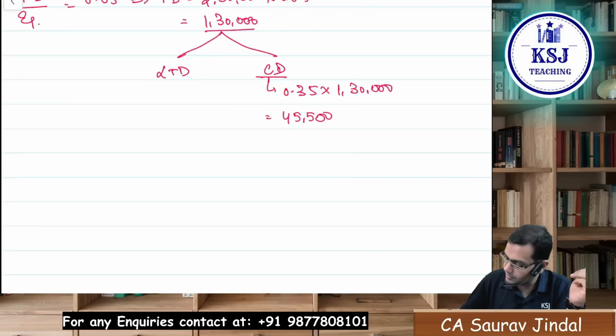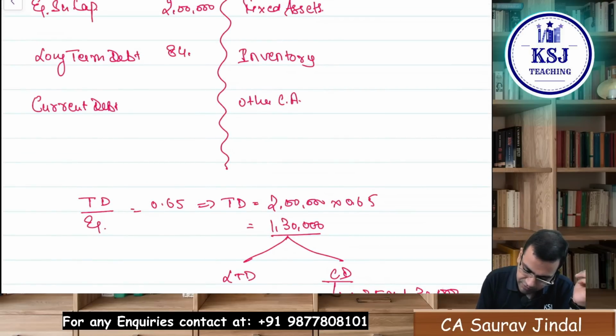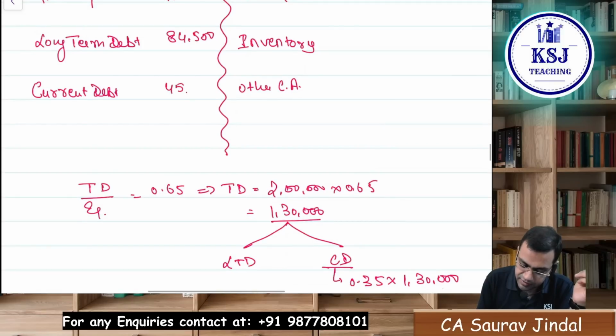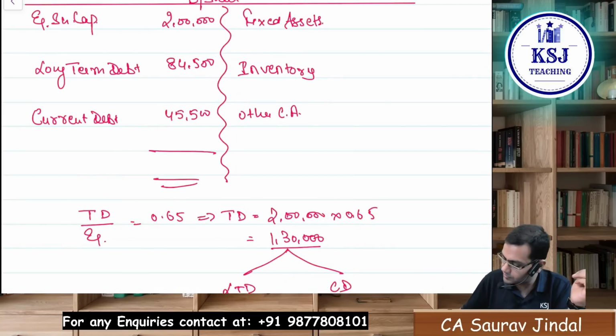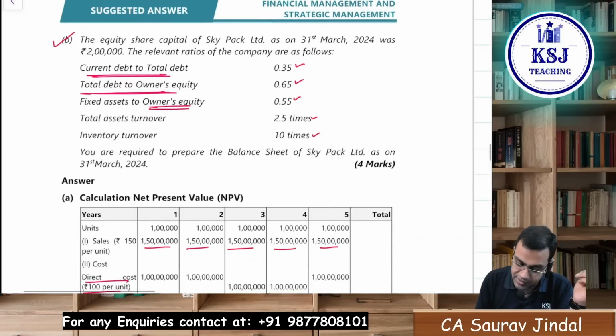So 1,30,000 minus 45,500, 84,500 will be long-term debt. So long-term debt is 84,500 and current debt is 45,500. So what is your total liabilities from here? 84,500 plus 45,500 plus 2 lakh, 3,30,000 will be your total liabilities and total assets will be 3,30,000.